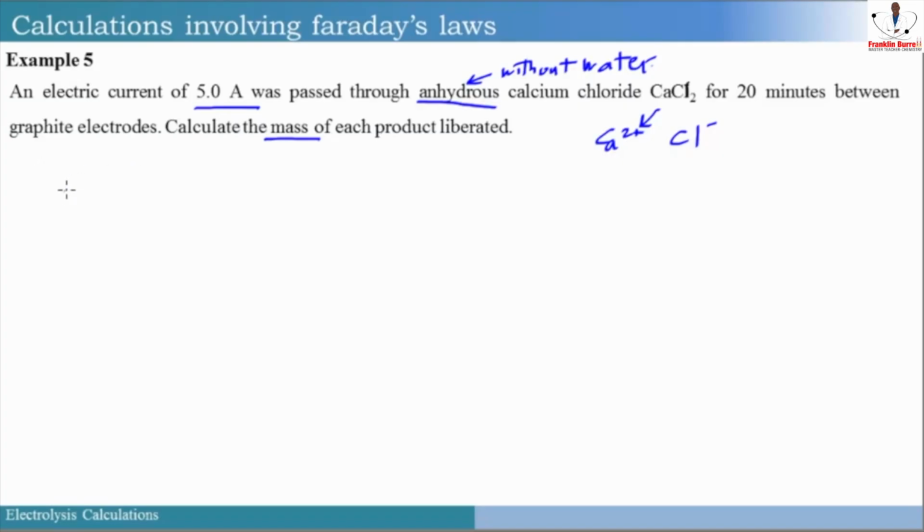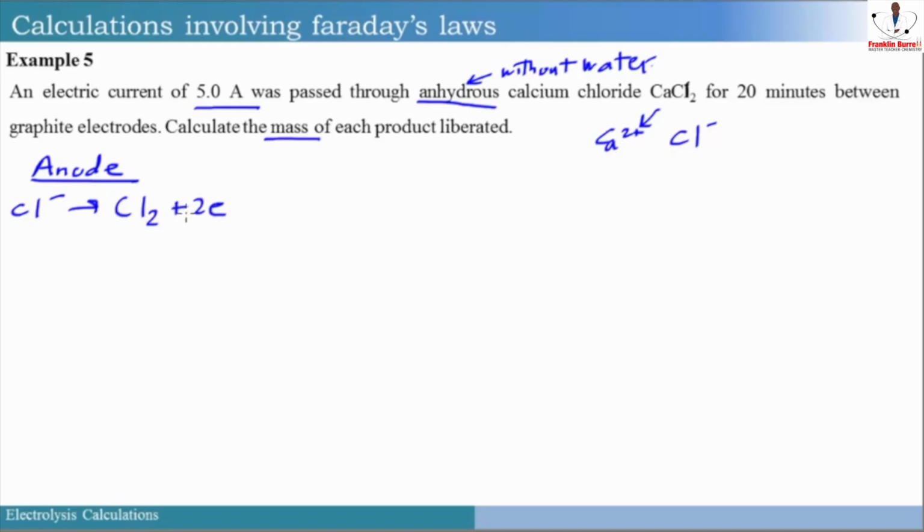So let's look at what's going on at the anode first. At the anode, we know that the negative ion would migrate towards a positive electrode. Therefore, Cl- would be oxidized.